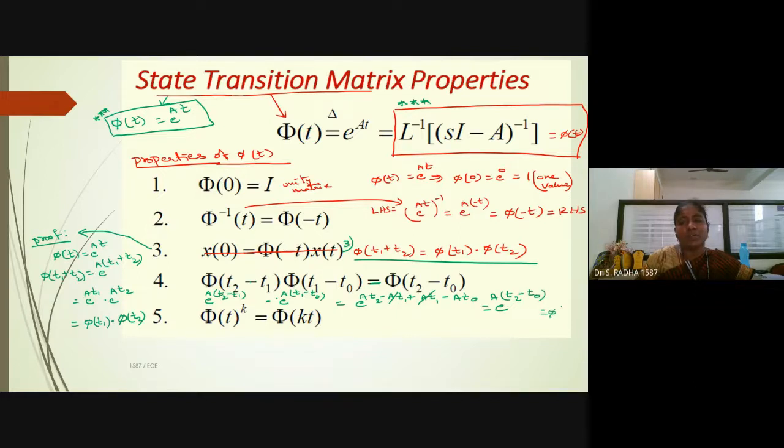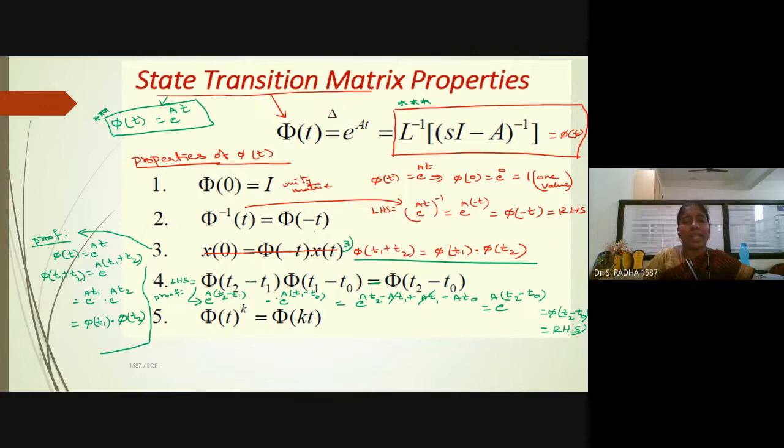So in the place of t, we have t2 minus t0, and that's why I'm getting the RHS finally. I'm taking LHS, substituting like this, and I have finally got the RHS. This is the proof for the fourth one.